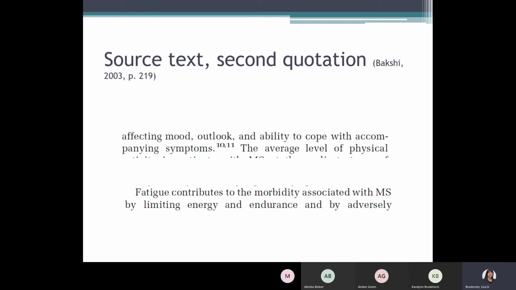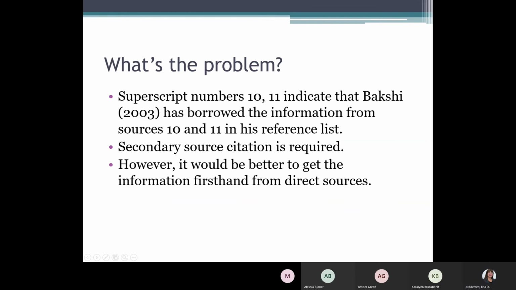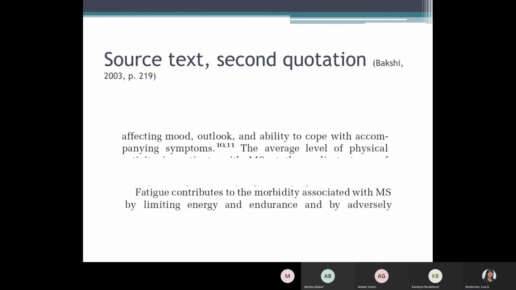All right, so this example, again, these are clips from the Bakshi article showing other information that's been credited to sources. So just take a look at these two pieces of text, and I'll try to keep up with the automatic advancing of the slides.